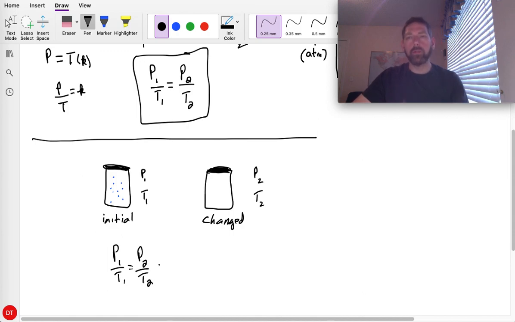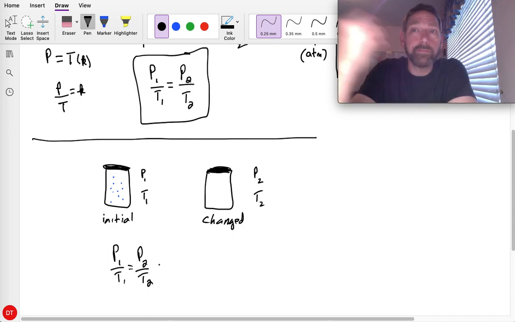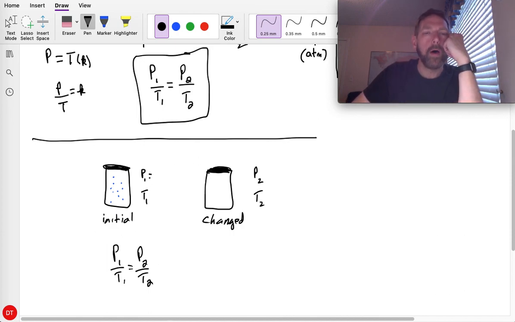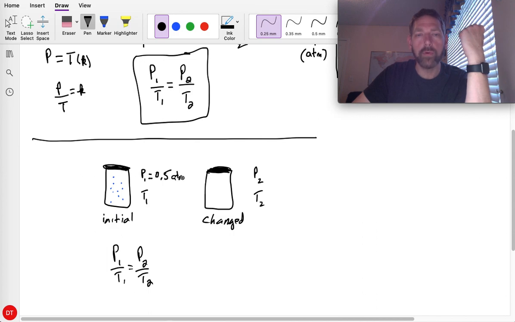And then we just have to look for what conditions are happening here. So I just made up a problem off the top of my head. So let's assume that this container is initially subjected to half of an atmosphere, 0.5 atm.